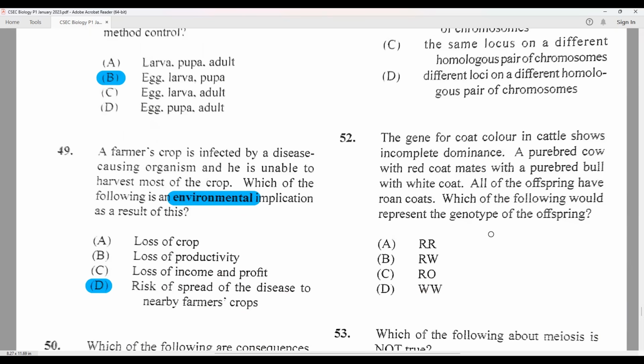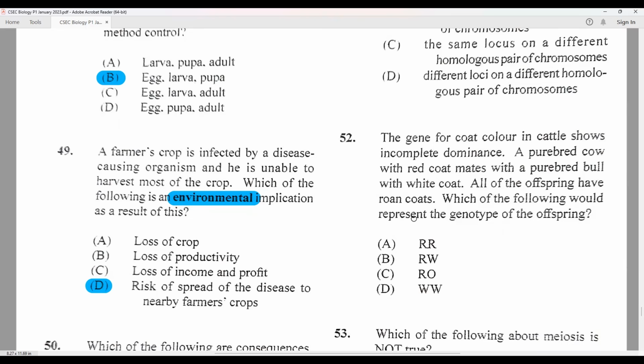The gene for coat color in cattle shows incomplete dominance. A purebred cow with a red coat mates with a purebred bull with a white coat. Which of the offspring have a roan coat? I guess roan would be the one where the red and the white are mixed.